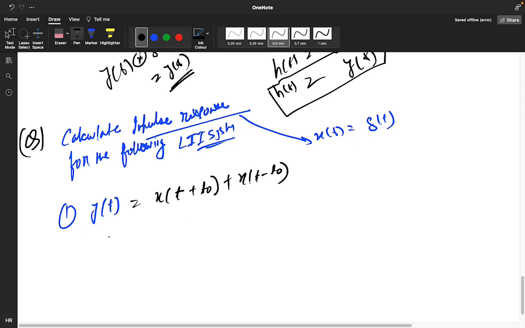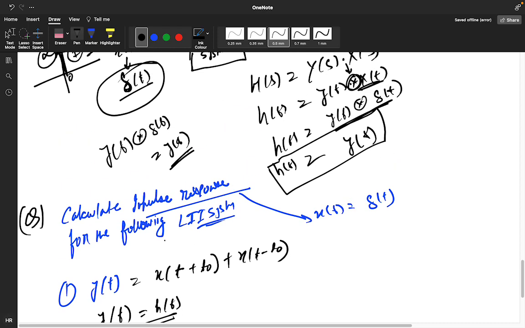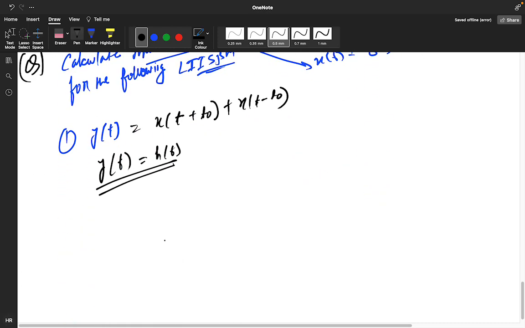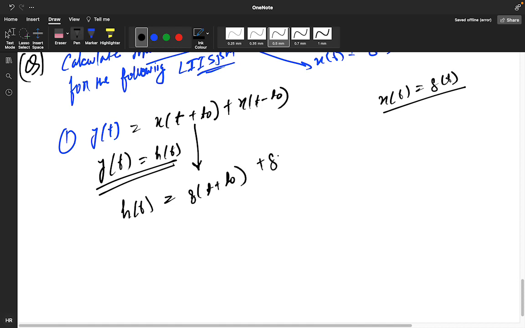For impulse response, y of t will be equal to h of t. Given x of t is delta t as input, this becomes delta of t plus t naught, and this becomes delta of t minus t naught. This is your answer.